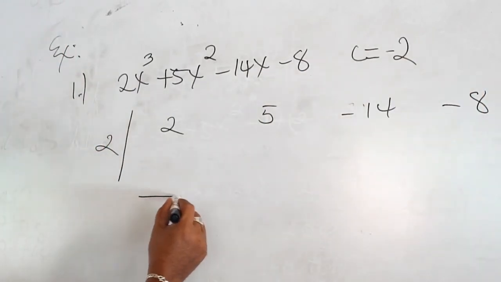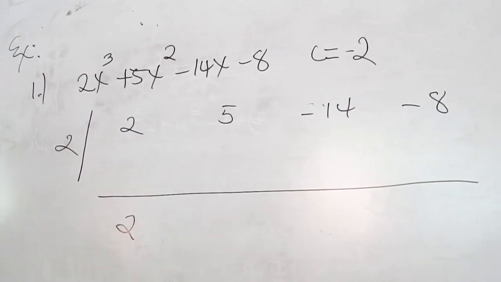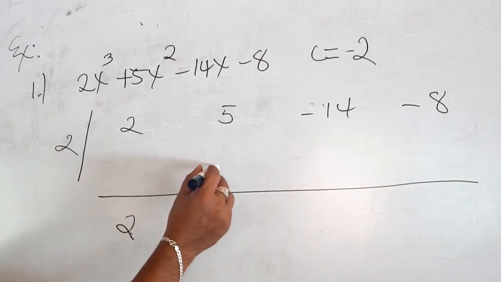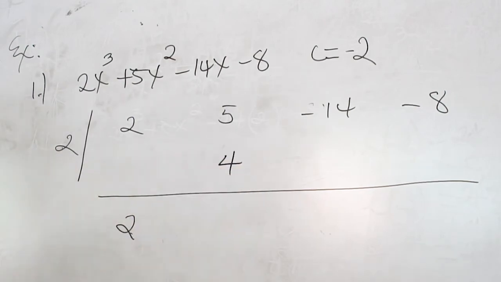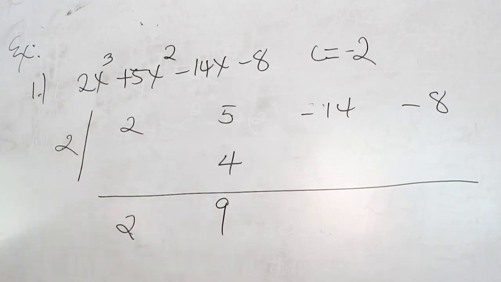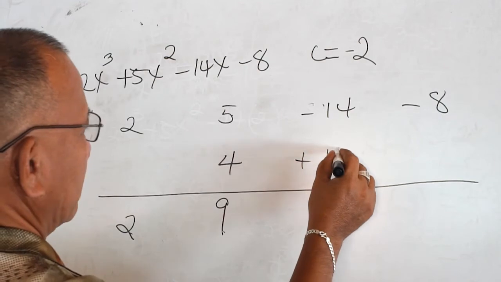Okay, then bring down 2. Then after that, multiply. 2 times 2, we have 4. Then add 5 plus 4, we have 9. Then next, multiply 9 times 2, the result is positive 18.